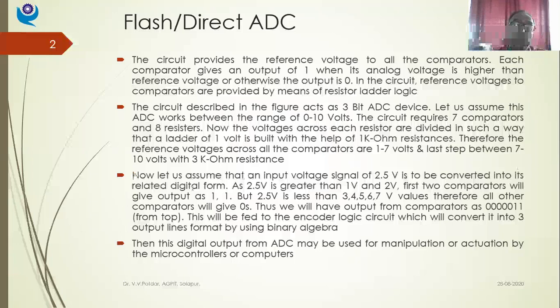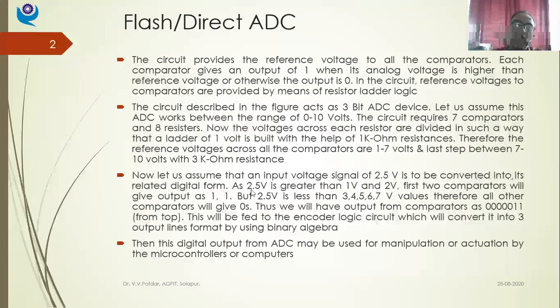Now, let us assume that the input voltage signal is 2.5 volts. It's not necessary that it should be only 2.5 volts. Just as an example, we have taken it. It can be 3.5 volts, it can be any input voltage. Just as an example, we have taken 2.5 volts to be converted into its related digital form.